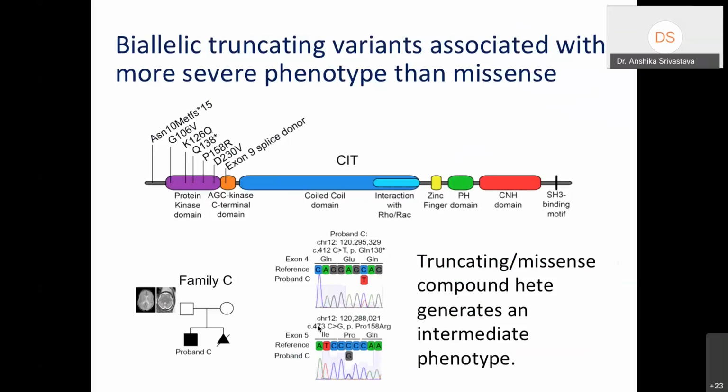The child will be affected, although the parents will not be affected because they each have one functional copy of citron kinase. But the child has variation in both alleles.